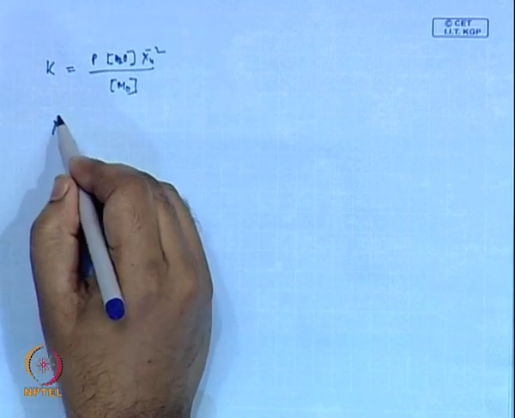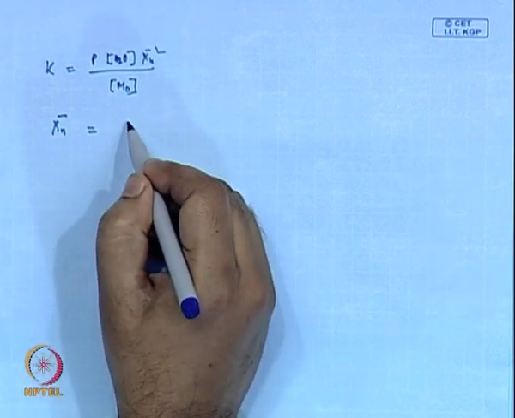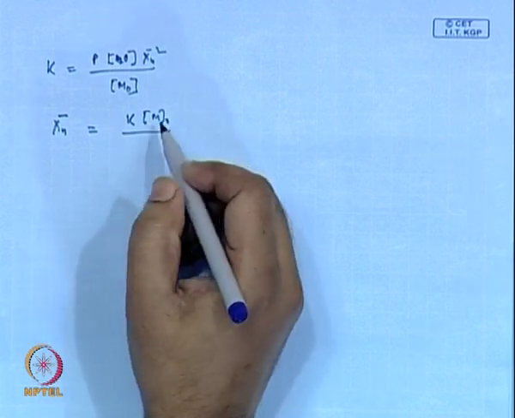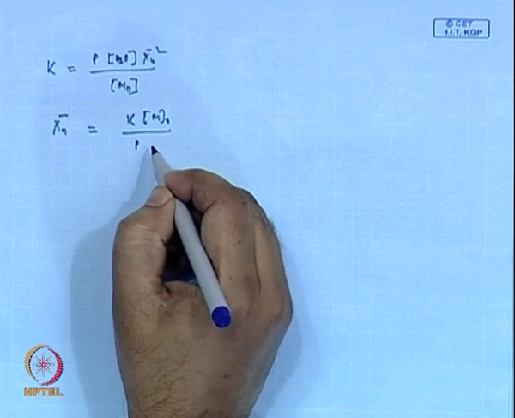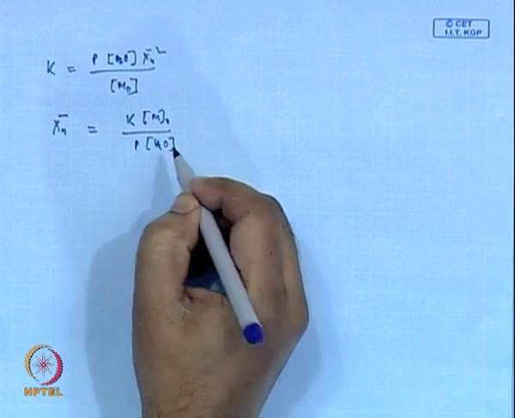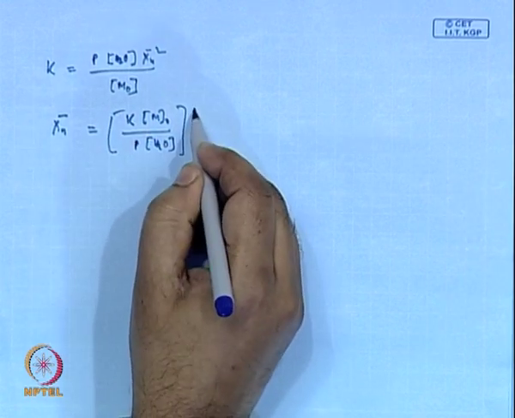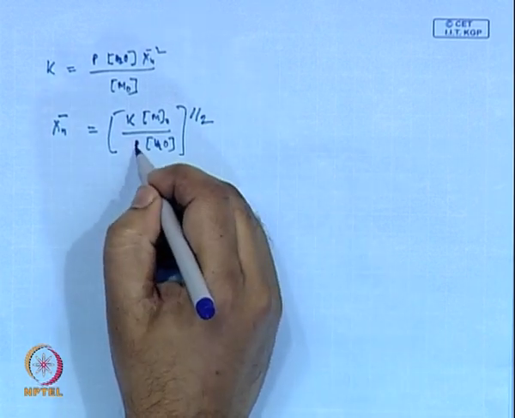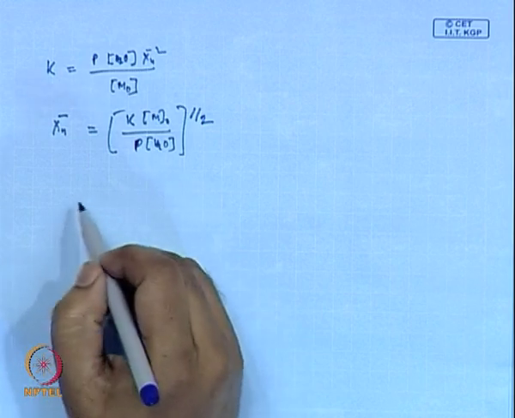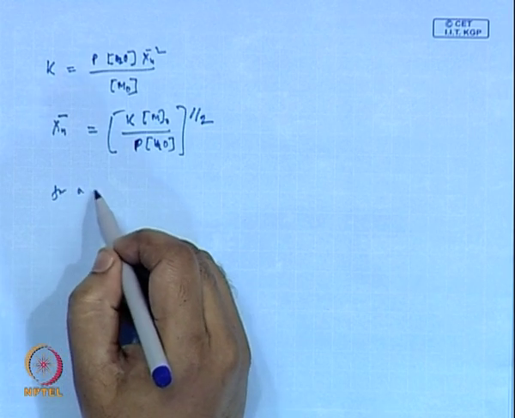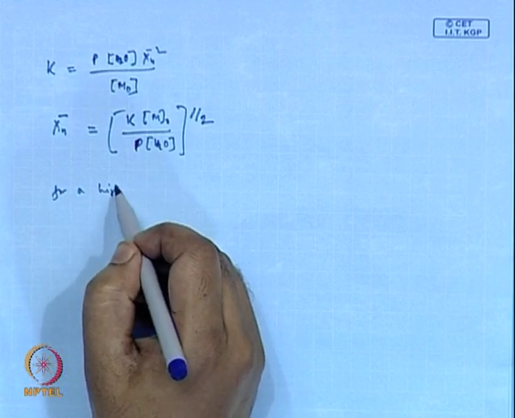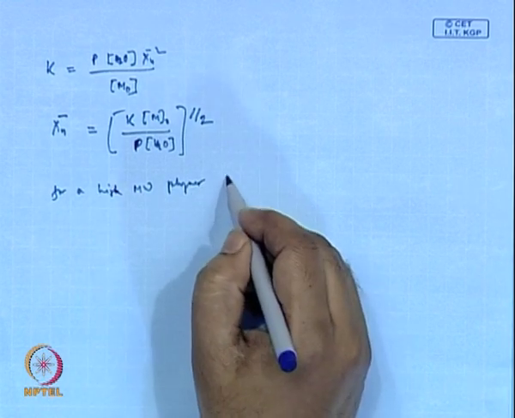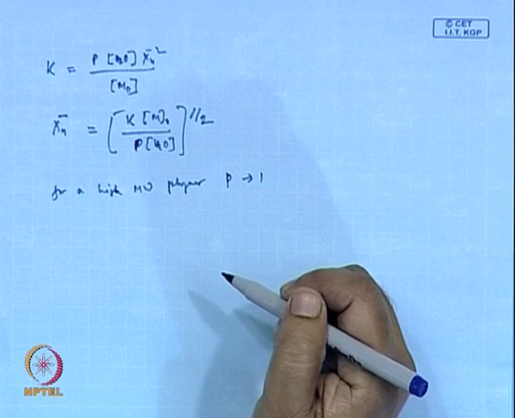Which means Xn. Now, in most cases, as we learned by now, for a high molecular weight polymer, P is close to 1.